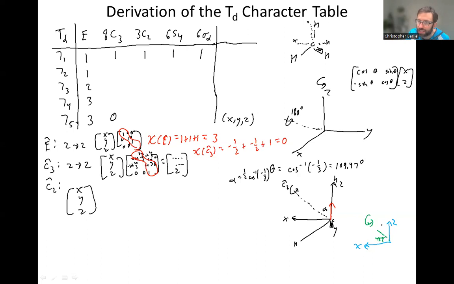So x went to z, z went to x. Z went this way, x, okay? And so what is z going to do? It's doing a 2 alpha rotation. And so what is 2 alpha? Well, alpha is 1/2 cosine inverse of negative 1/3. So that means 2 alpha is cosine inverse of negative 1/3.